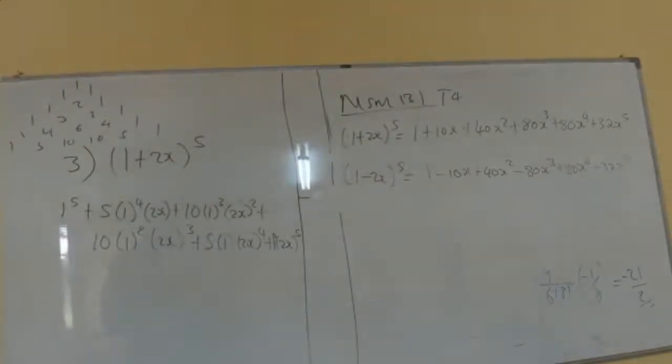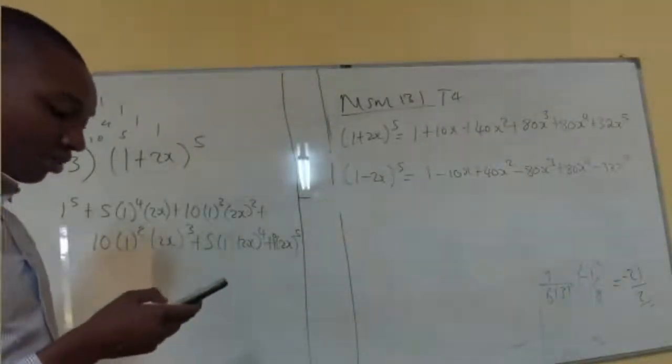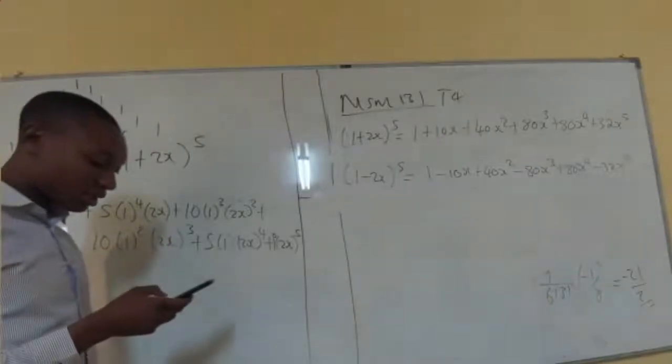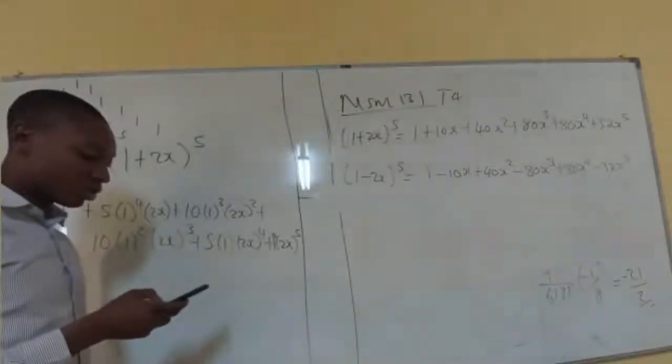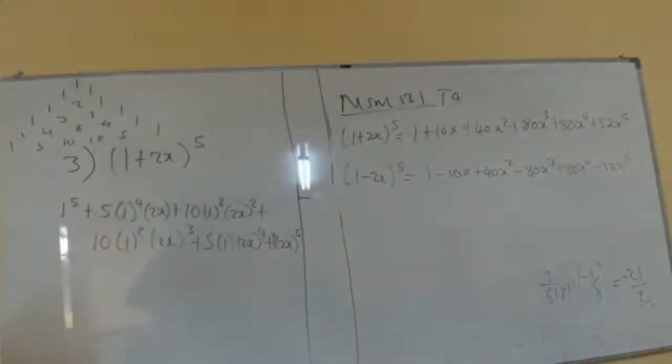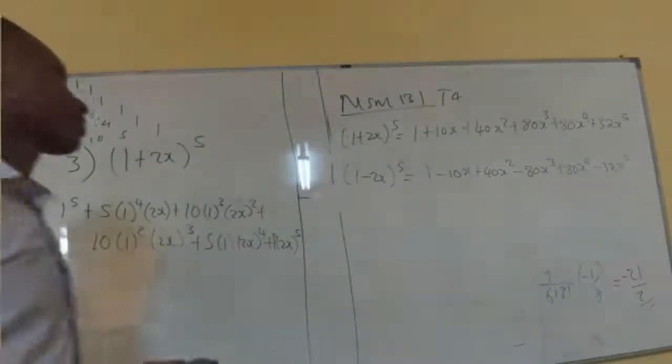All right, so from here, the next thing we're going to do is consider what the question is asking us. We've expanded those two according to the question, but it doesn't end there. We've been told that we need to subtract the two and write it in its simplest form, so reduce.